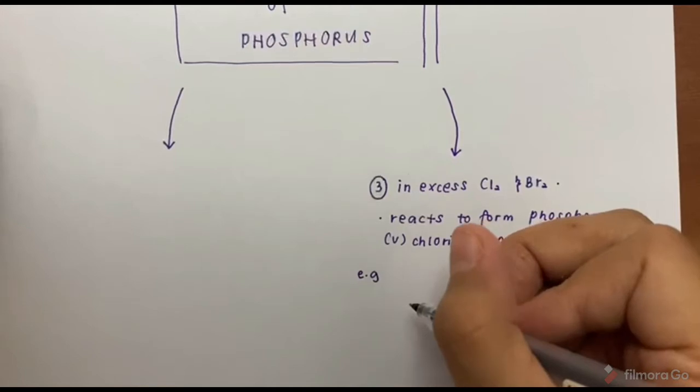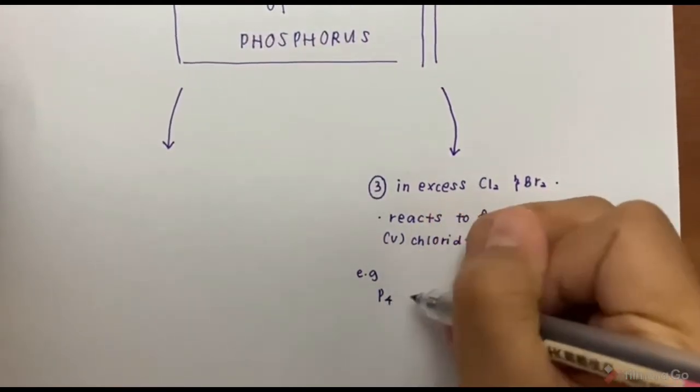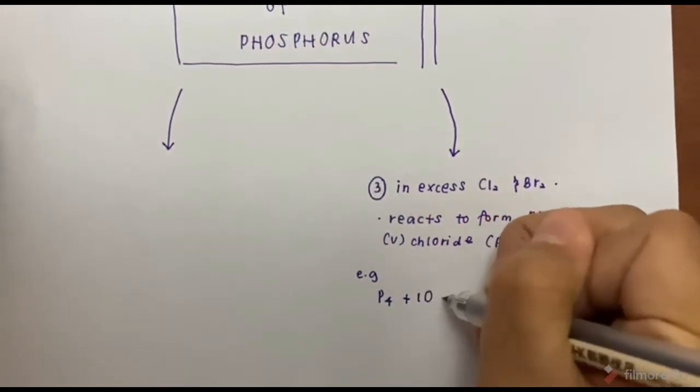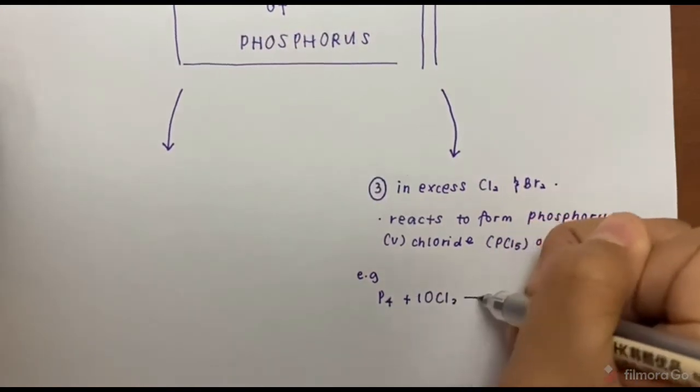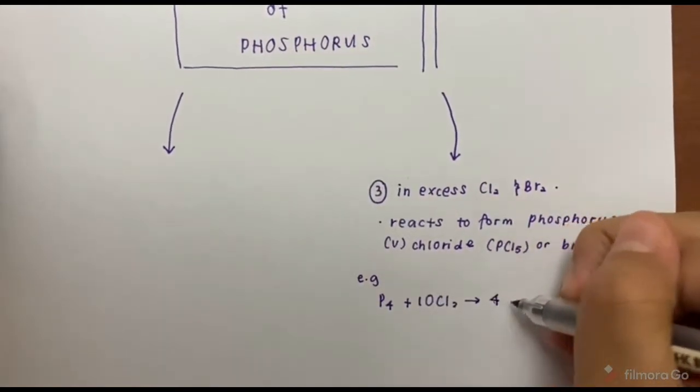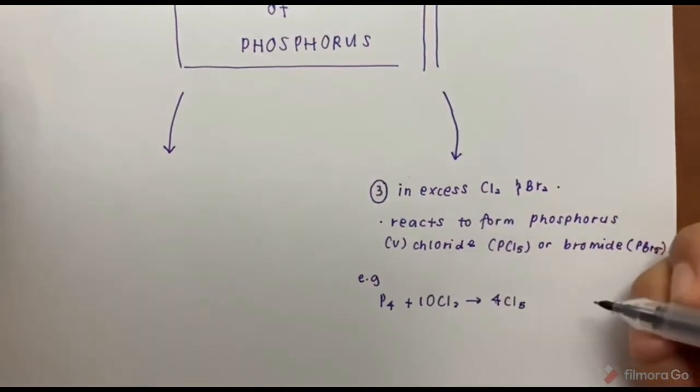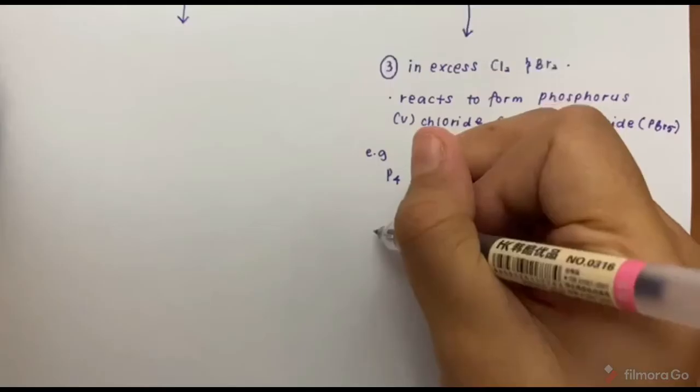For example, P4 plus 10Cl2 will form 4PCl5, which is the formula for white phosphorus.